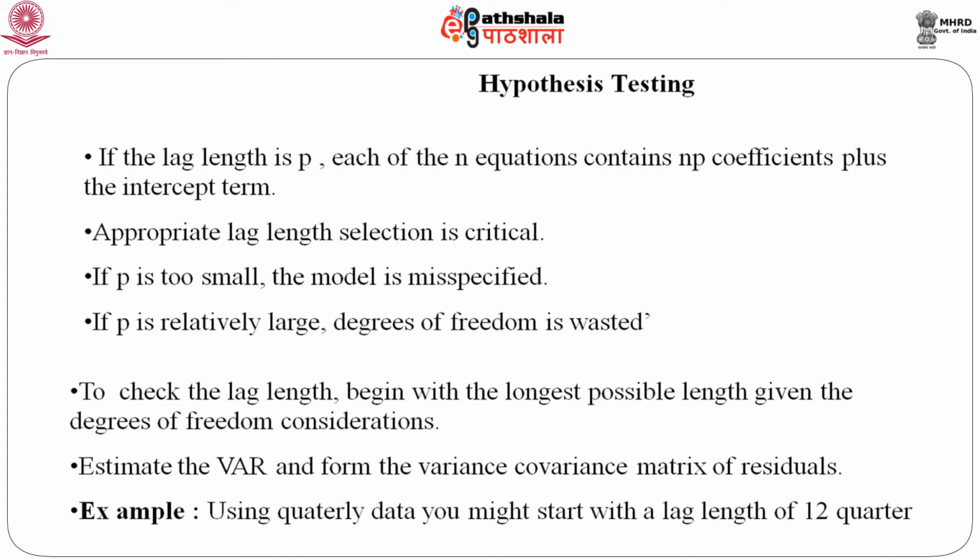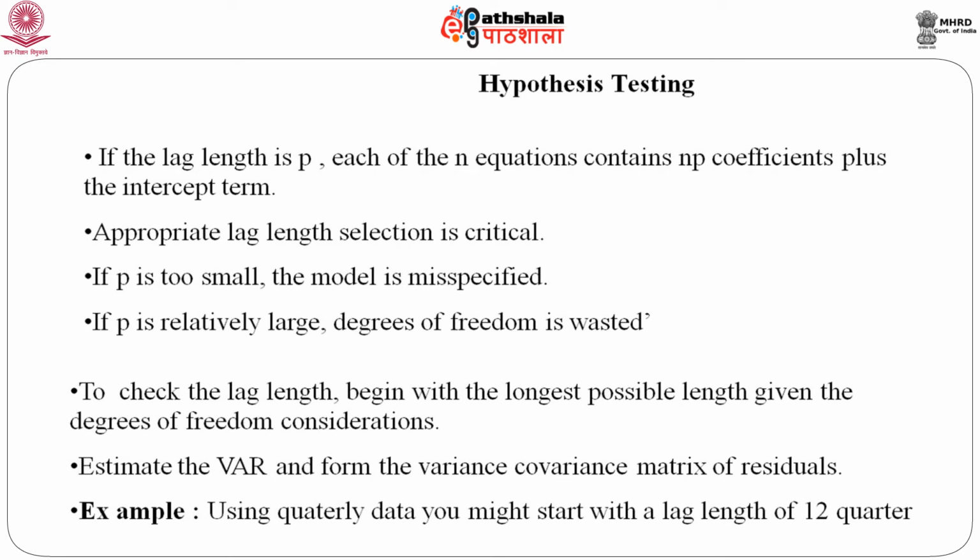To check the lag length, to begin with, take the longest possible length given the degrees of freedom under consideration, estimate the VAR model and obtain the variance covariance matrix of residuals. Take an example. Using quarterly data, you may start with a lag length of 12 quarters based on a priori information that 3 years is sufficiently long to capture the dynamics, and estimate the variance covariance matrix of the residuals.